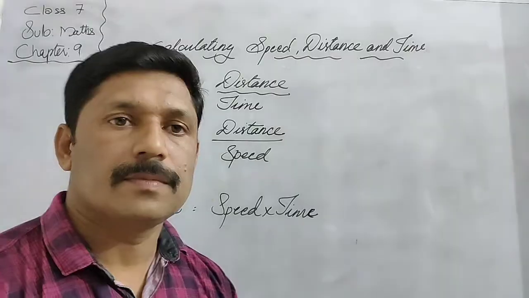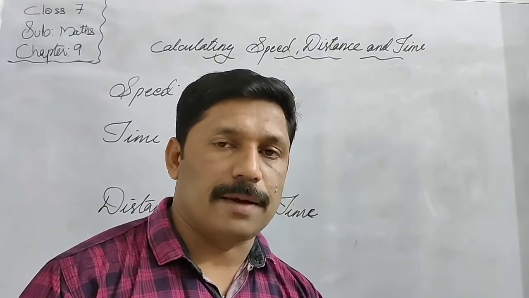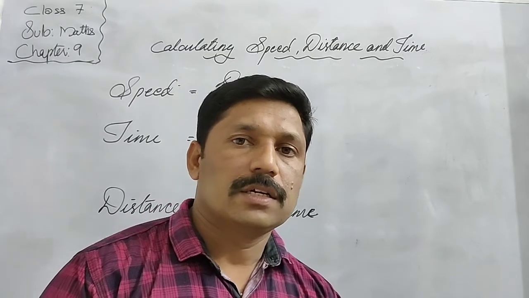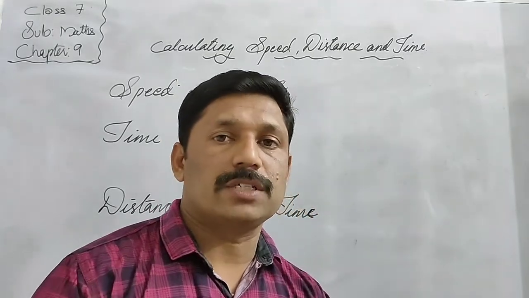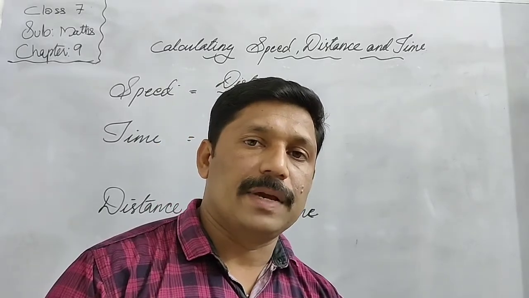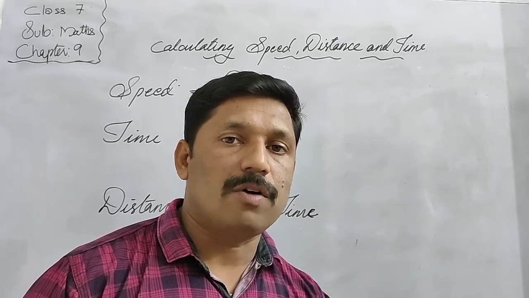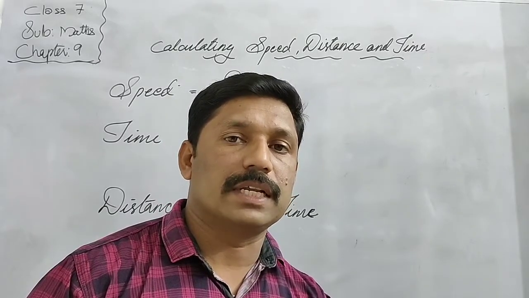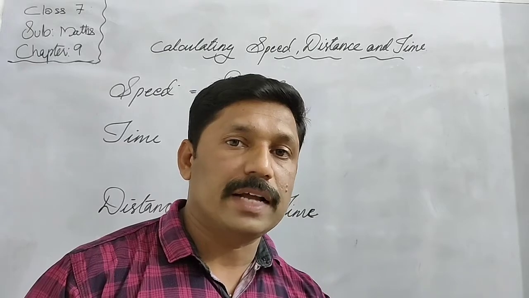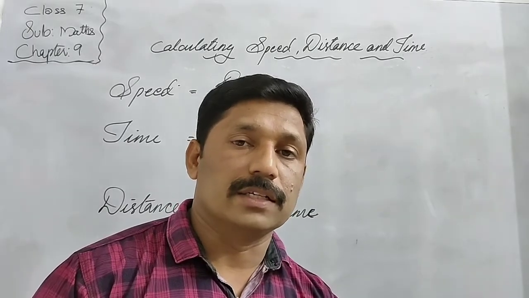How to calculate speed, distance and time? Students, speed means it is the distance traveled in a particular unit of time. So the speed can be calculated by dividing the distance by time, meaning how much distance that body travels in the particular time. If we divide that distance by the time taken to cover that distance, then we get the speed of the object.